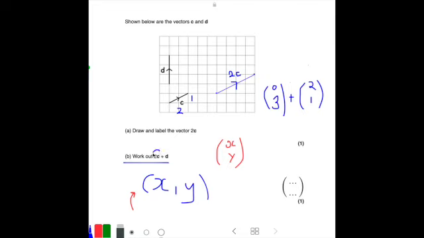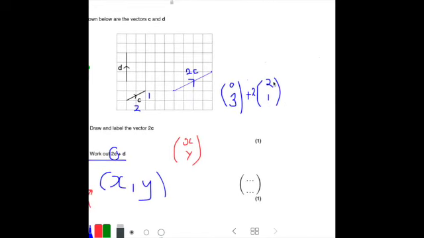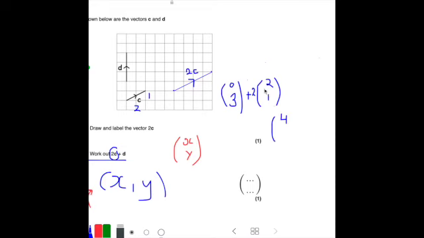But we've got 2c, so we also need to multiply our c by 2. 2 times 2 is 4, 2 times 1 is 2, and then we have 2c plus d, which is 0 over 3. So together we've got 4 plus 0 is 4, 2 plus 3 is 5, and we've got it in our nice little column vector.